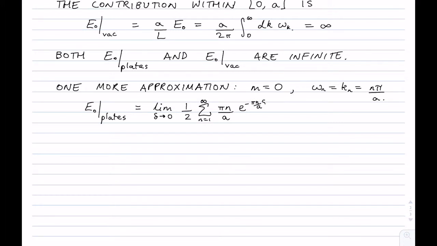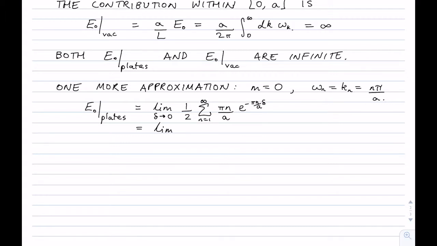And you can see in this equation that as delta goes towards 0, then that exponential term will go to 1, and I'll be left with a half times the sum of omega_n, which is exactly what I expect to have. But now I've introduced this delta parameter, which is going to go to 0 and will restore the full equation. But in the meantime, I can now work with it a little bit more easily.